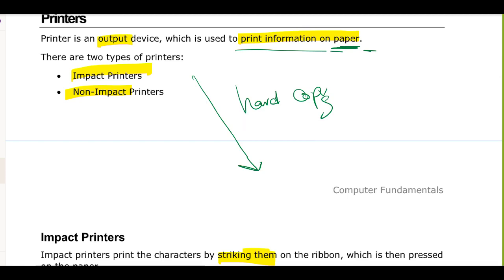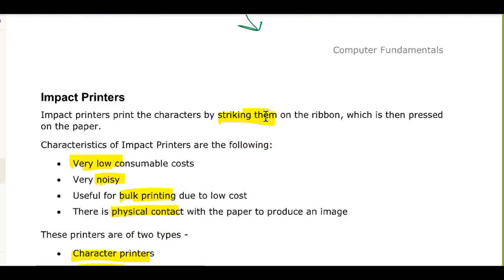The first classification of printers classifies them as either impact type printers or non-impact type printers. The impact type printers follow more closely the old version of typewriters.